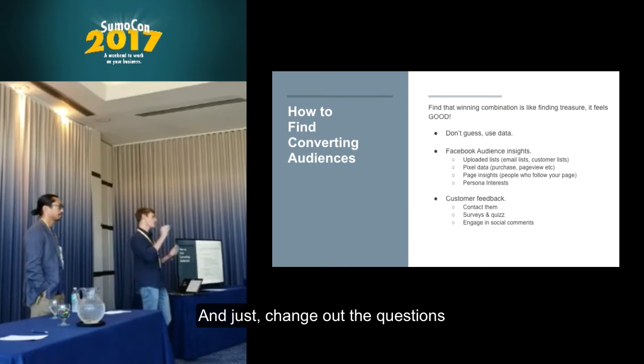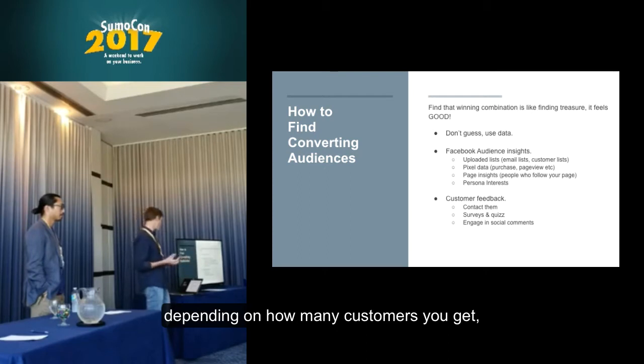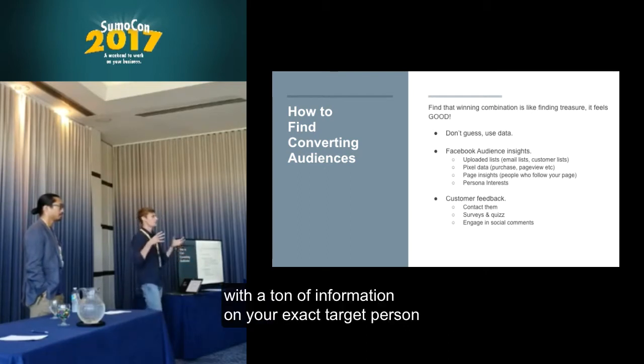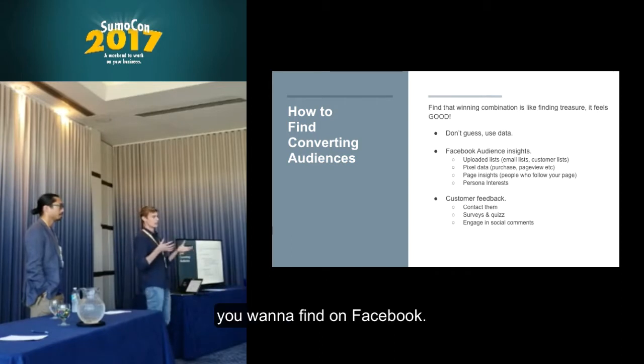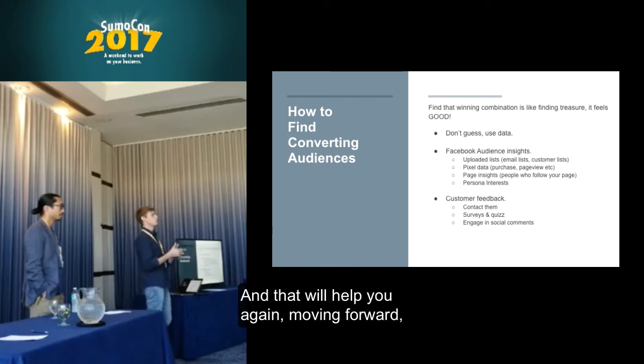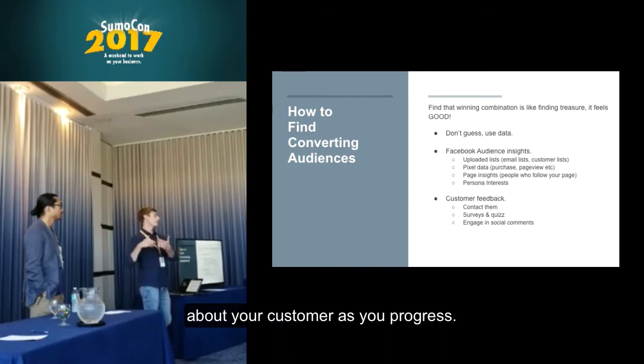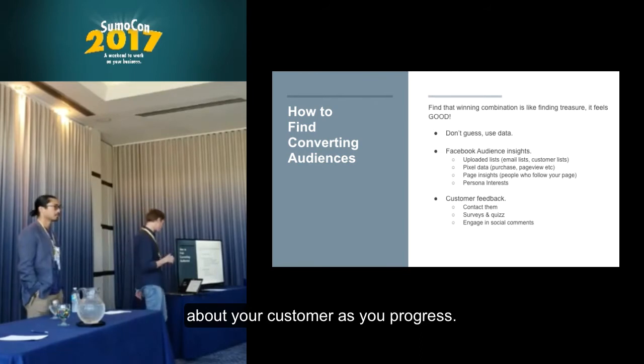Then change out the questions every few weeks or every few months, depending on how many customers you get, and you'll build up a database of a ton of information on your exact target person you want to find on Facebook. That will help you moving forward in creating new ads and new campaigns, because you get more knowledgeable about your customer as you progress.